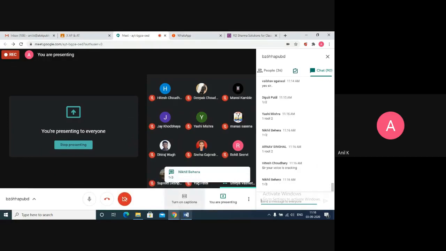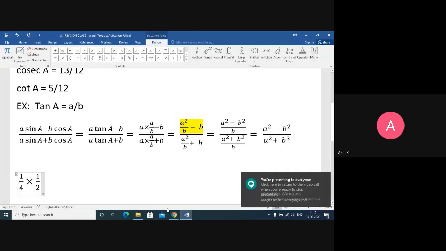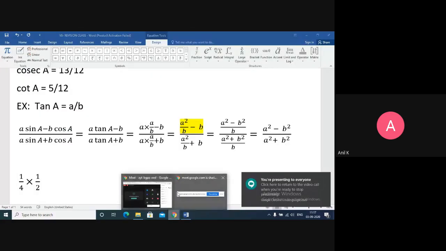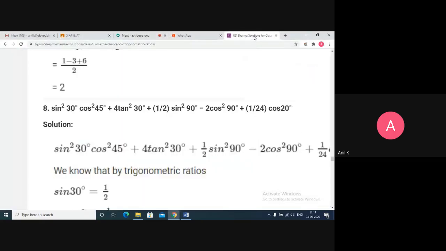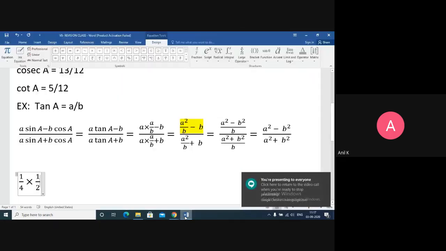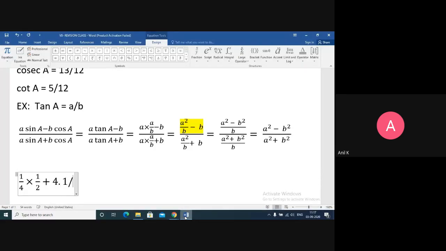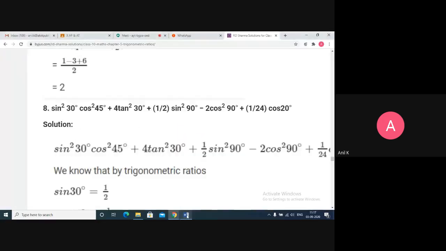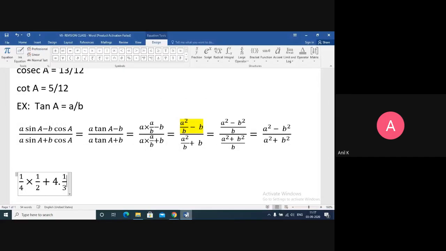Okay. So plus 4 into 1 by root 3 whole square, which is 1 by 3 only. Then let me see the next term, plus 1 by 2 sine square 90. What is sine 90 value?